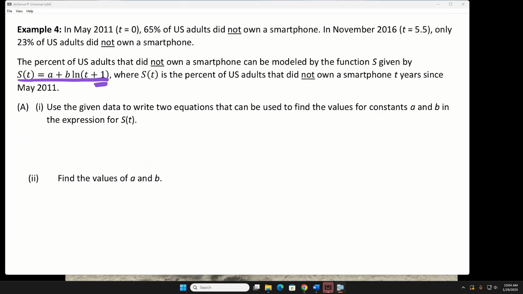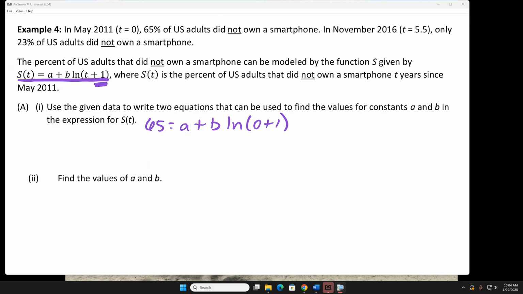Okay, so we're going to write our two equations. We should be super good at this. So for the 65%, are we going to put that in for S of t, or is that going to be a t? That's going to be a S of t. And it actually tells you t is 0. That's very helpful.